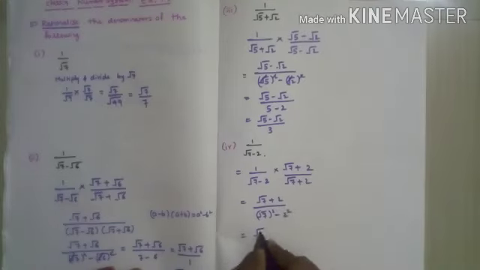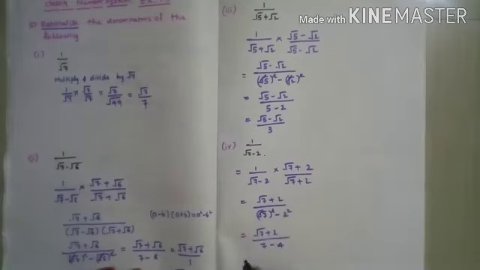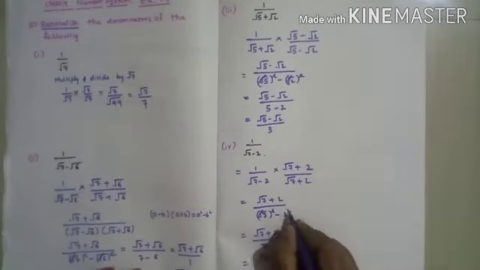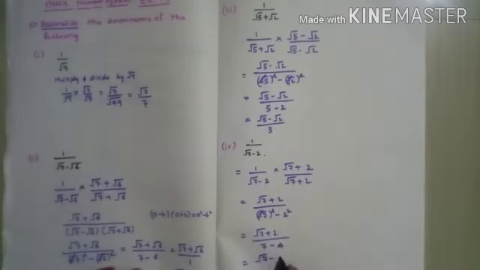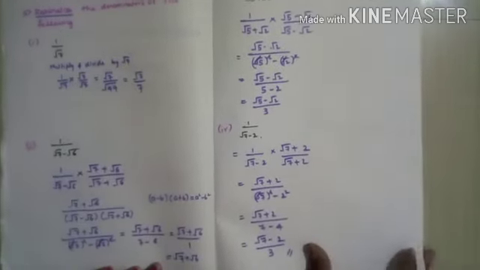Square root and square will get cancelled, so 7, and this 2 square will become 4. Root is not there in 2, so 2 square will become 4. 7 minus 4 is 3. This is the answer for this, 3. These are the 4 sums.